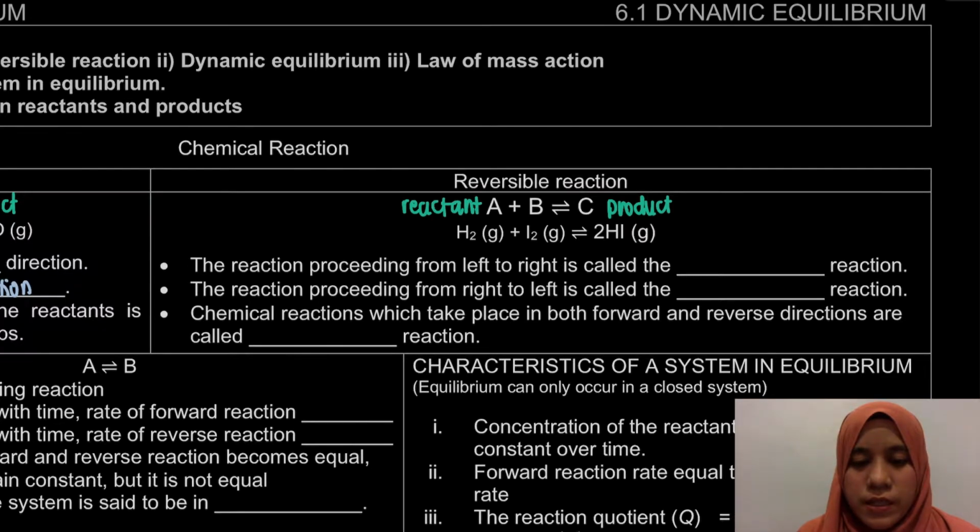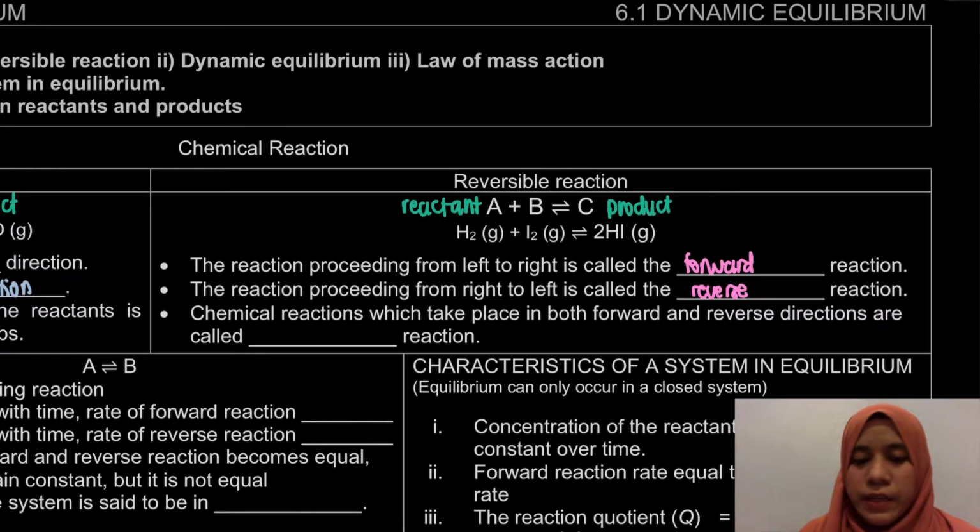The reaction proceeding from left to right, from our reactant to our product, is what we call the forward reaction. And the reaction proceeding from right to left, from product to our reactant, is what we call the reverse reaction.